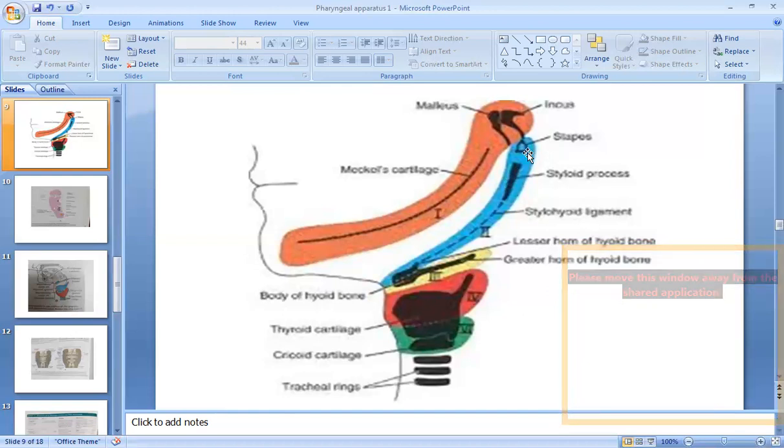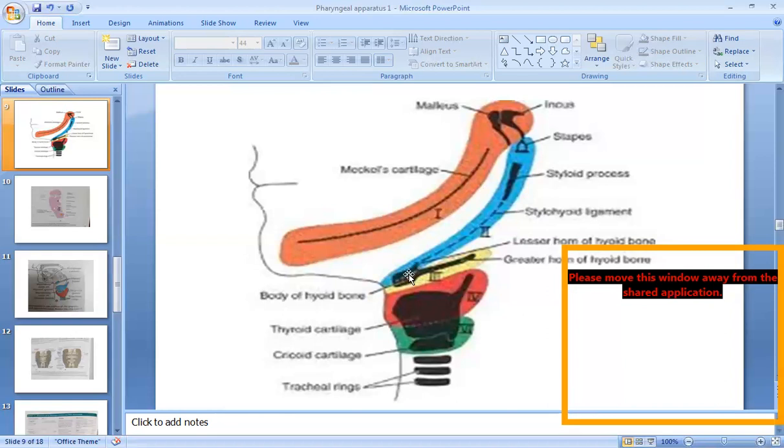This is in the green form. These are the derivatives of the second pharyngeal arch. The second pharyngeal arch is also called the hyoid arch because it will give rise to part of the hyoid bone, that is the upper part of the body, and the lesser horn.